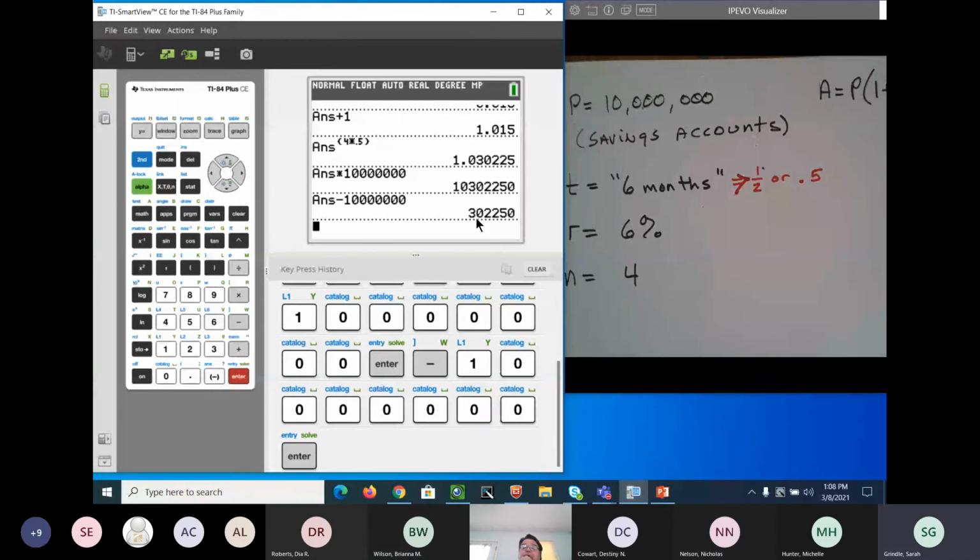I don't know about y'all, but $302,000 is a nice chunk of change for 6 months. And you could take that money and live off that money and still at the end of 10 years have still $10 million in the bank. But you wouldn't want to do that with a savings account.